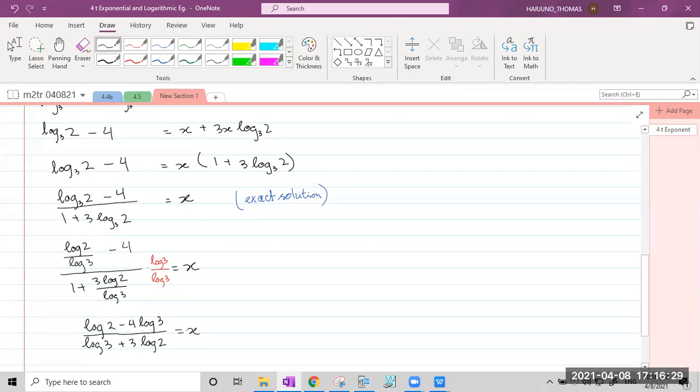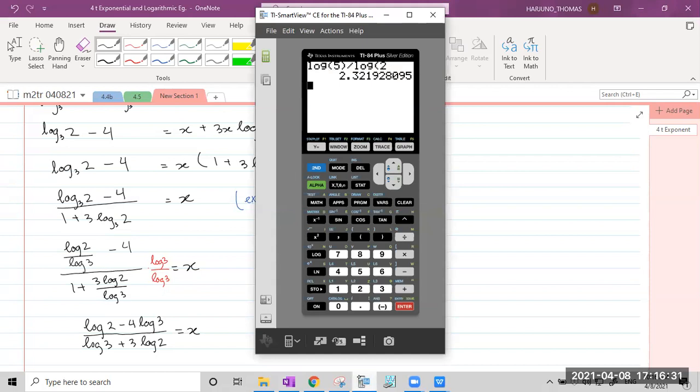Now then, how do I use my calculator to compute that? I will compute the top first. Parentheses. Be very careful when you punch it in.